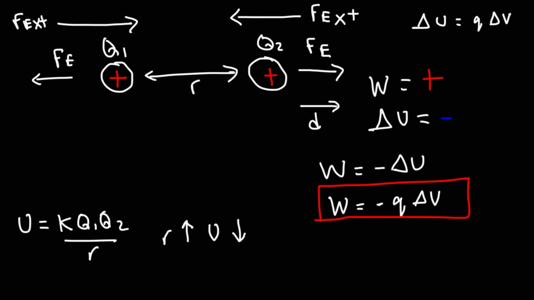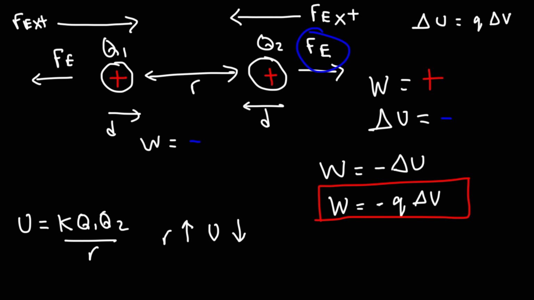Now, if the external force is greater than the electric force, the displacement vector is going to change. These two charges are going to move closer to each other. So now, if we focus on the work done by the electric field, it's no longer positive. The work done by the electric field is now going to be negative, because this electric field is trying to slow Q2 from moving to the left.